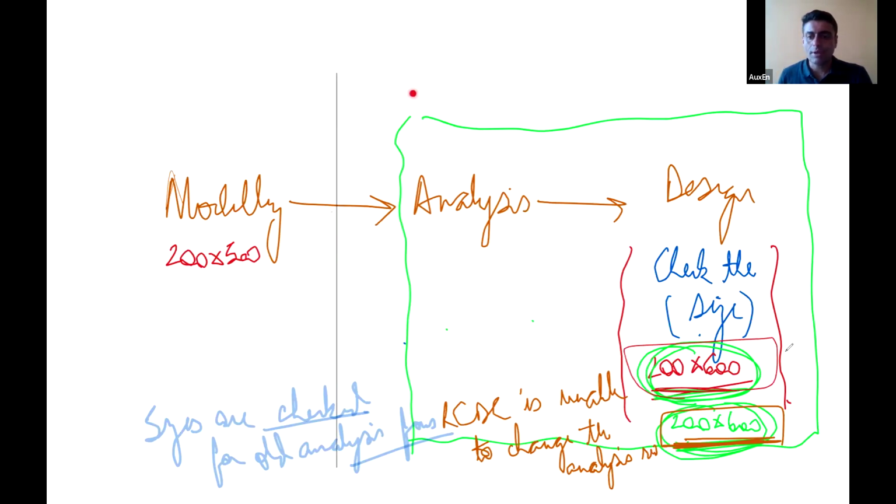It is important to understand that because RCDC is unable to do the analysis on its own, when you change the sizes in RCDC, be very careful that you also change the analysis file and then recheck the sizes. We'll see all those things later on, but this is one very important thing you must understand before we start the course.